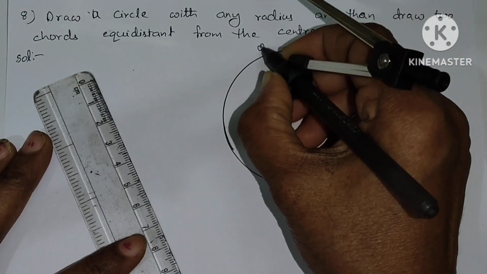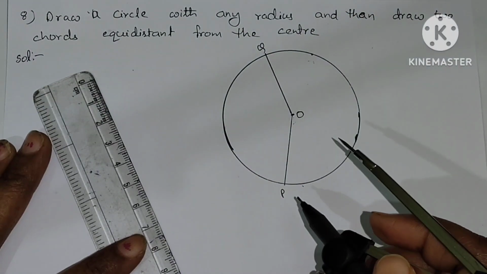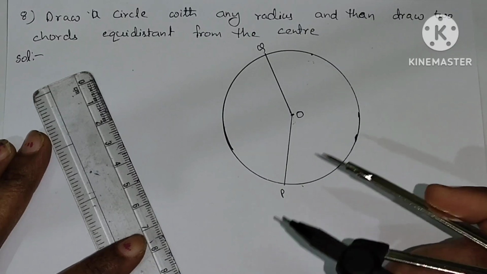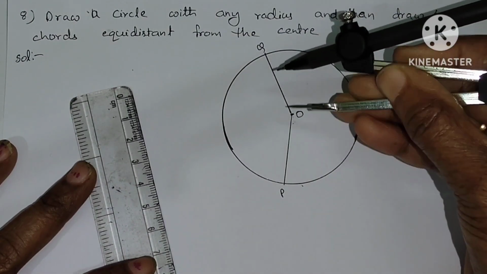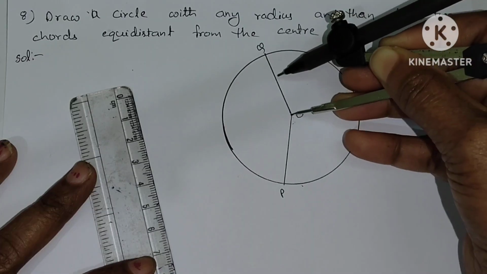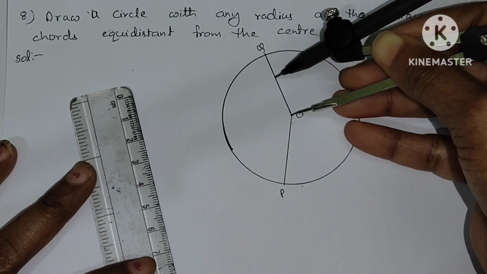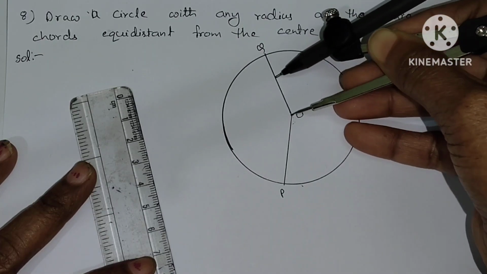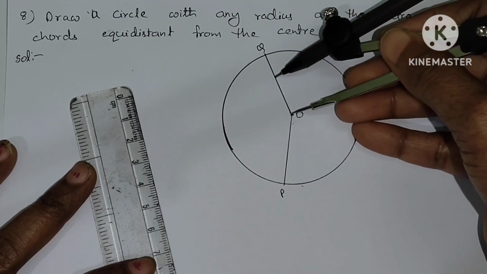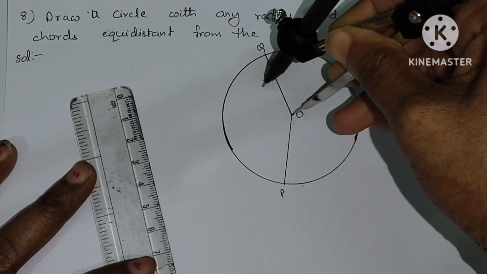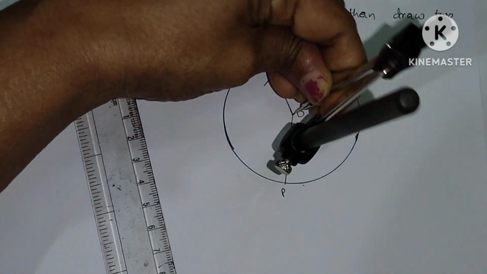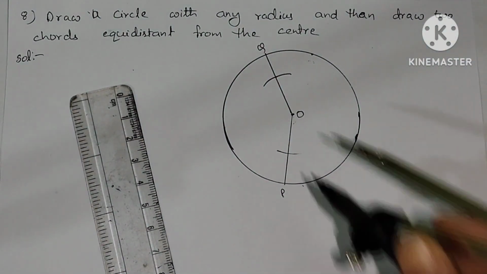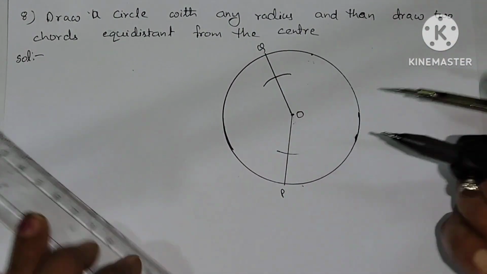P, Q are the points. So now here we use the compass. We take any distance less than R, the radius. Based on the center, we draw two arcs touching the previous radii. So now these two points are equidistant from the center.